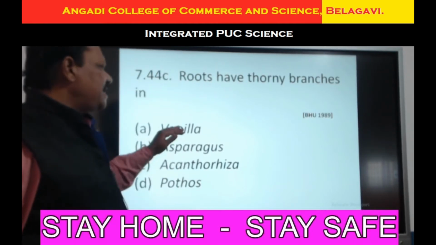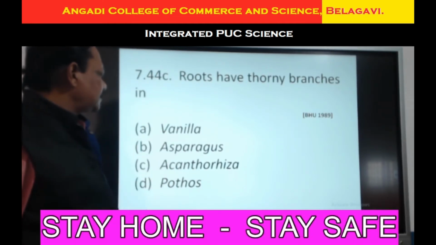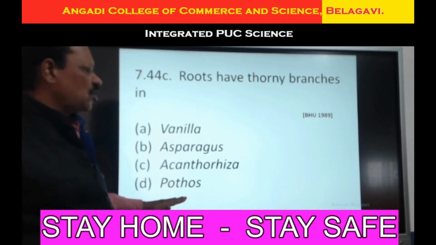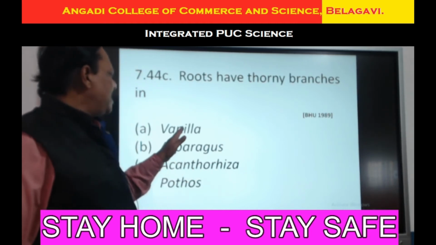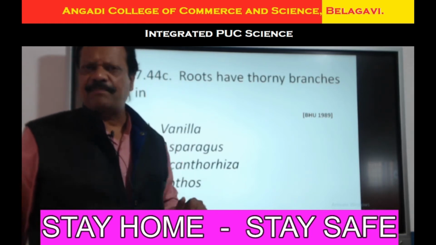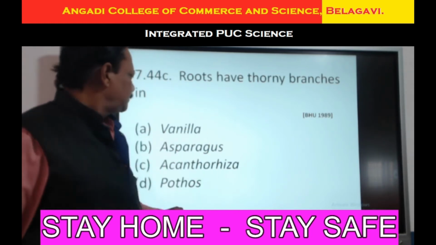Just see. Vanilla, asparagus, acanthoryza, pothos. So, vanilla, it is a weak stemmed plant. Already you people discussed.